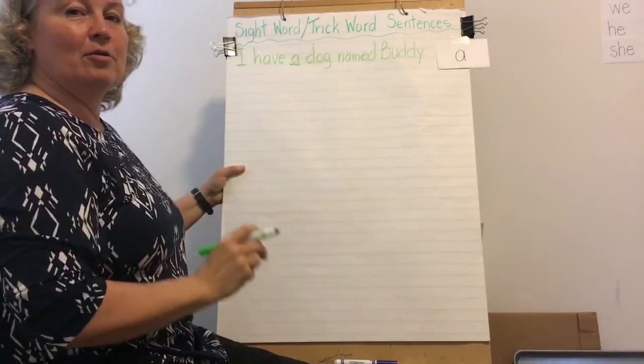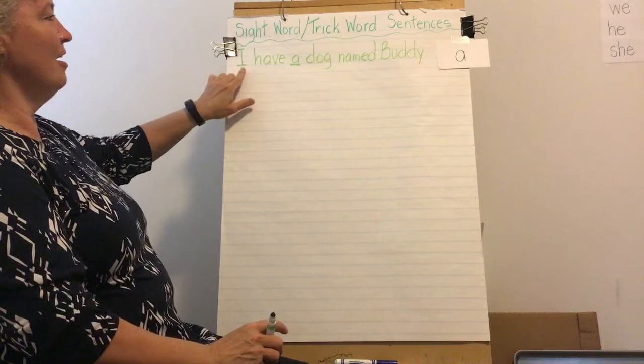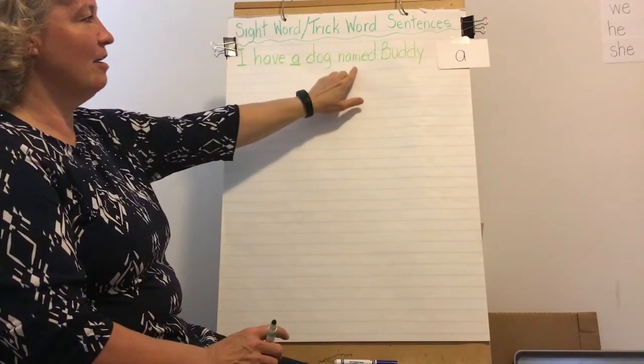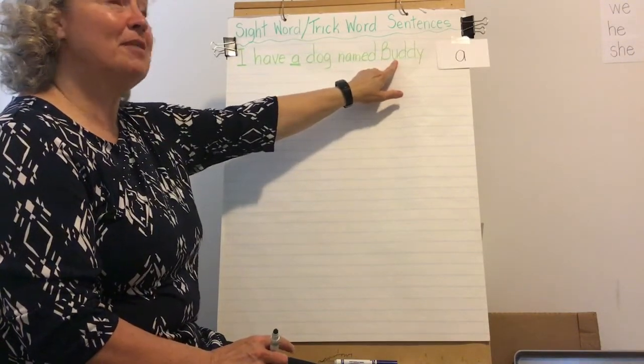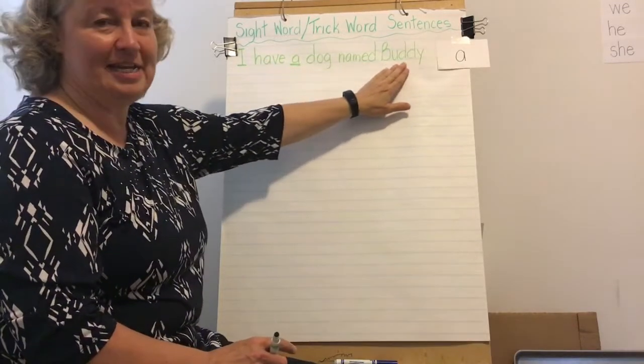All right, want to read through my sentence with me? Here we go. See if you can read it. All right, I'm going to read it to you. See if you get the same thing. I have a dog named Buddy.